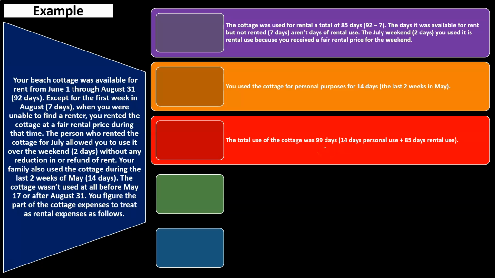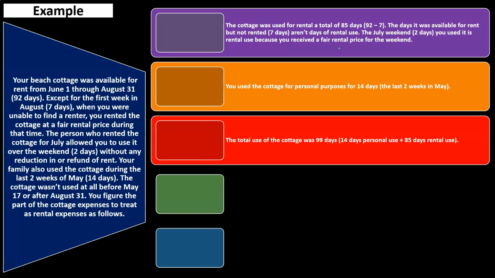And the IRS is basically saying, well, no, you can't do that. We recommend that you only use it when you actually had renters in it. You can imagine the IRS possibly wanting to say, hey, look, anytime that wasn't actually rented, we want to call that personal usage, and that would lower the amount of expenses that you would get to deduct. And you're saying, well, you don't have to do that either.